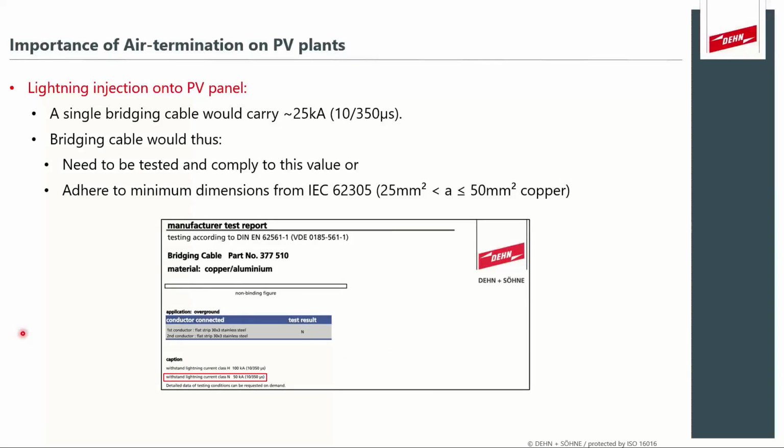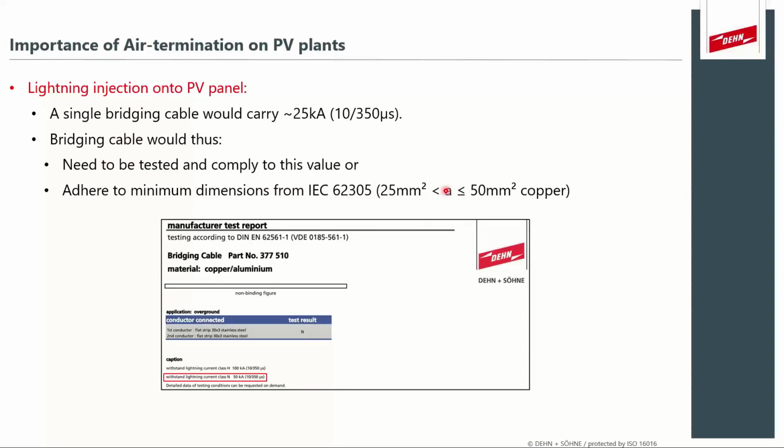What the standards say in this case is that if you use something like a bridging cable or bonding cable as your down conductor system, the minimum dimensions is 25 millimeters squared of copper up to 50 millimeters squared of copper. The 50 millimeters squared copper cable would typically be used if you worry about mechanical stress on the cable. If you're not worried about mechanical stress, you can go down to 25 millimeters squared cable.